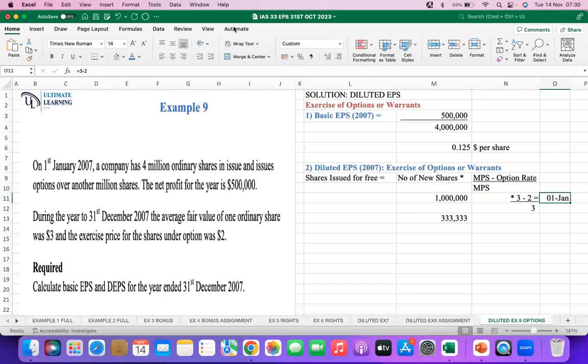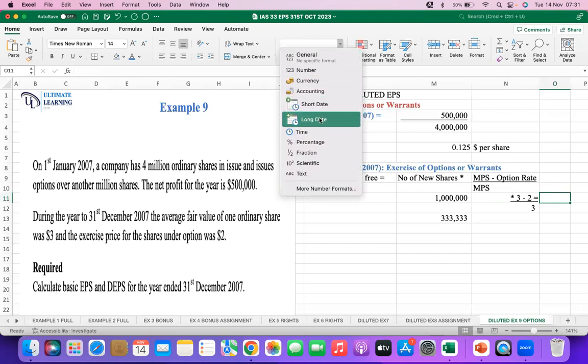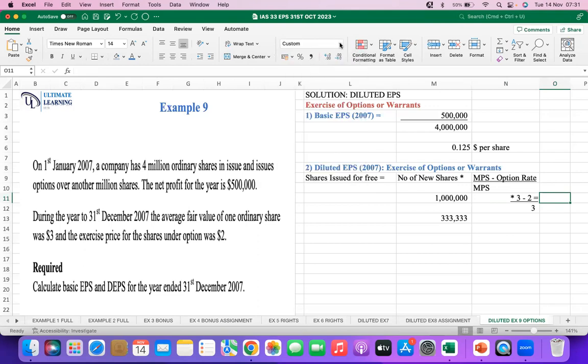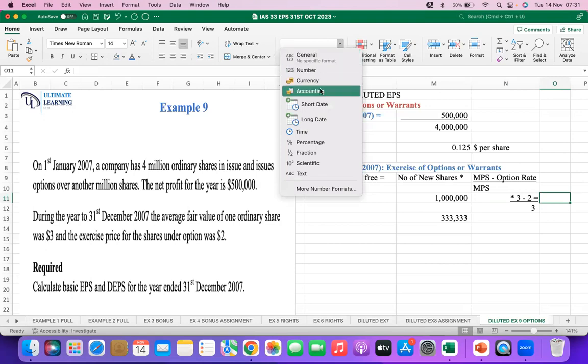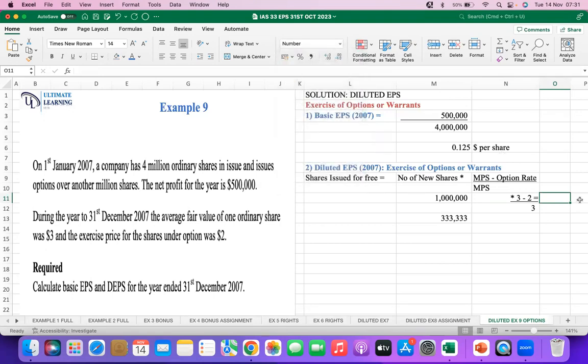It is not happening. Of course, I know where the problem is. I need to change something here. Okay, so 3 minus 2 is 1.